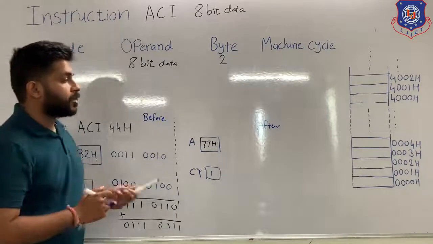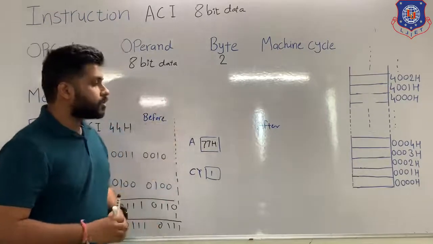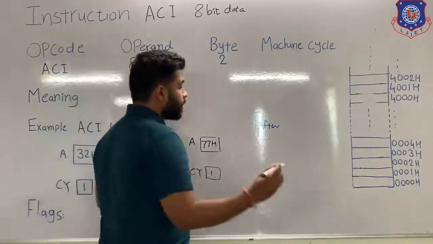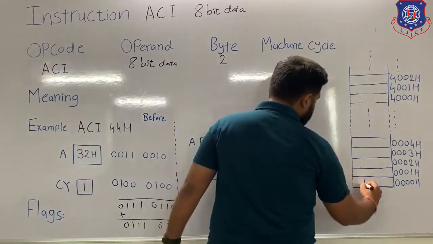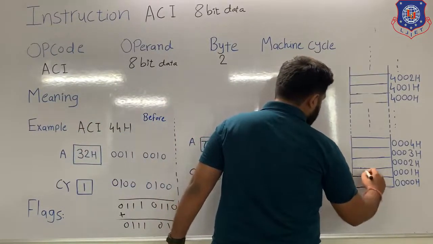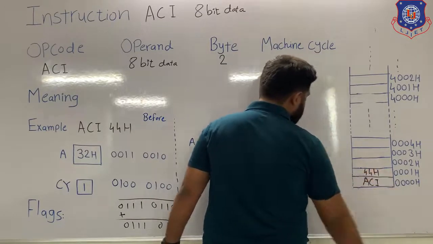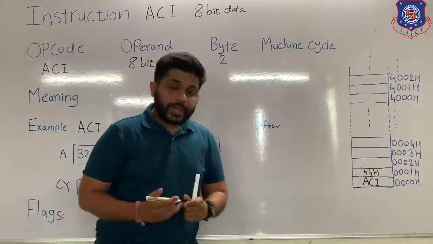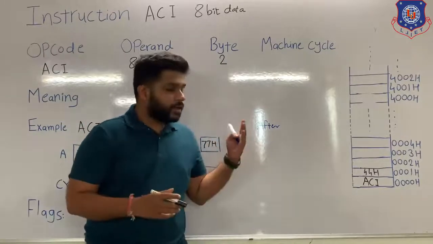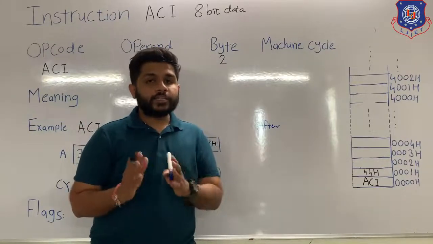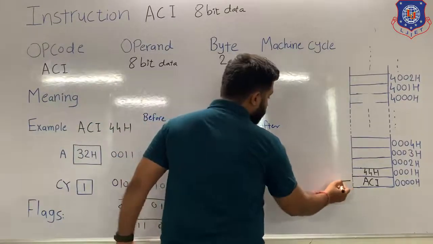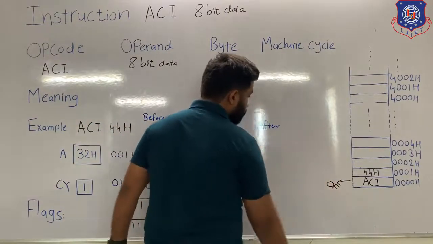Now let's see the machine cycle. Because this instruction is of 2 bytes, when this instruction is stored in the memory, it will occupy 2 memory locations. In the first, the opcode will be stored, and in the second location, the data will be stored. After the instruction is stored in the memory, the microprocessor will start doing its task, that is to fetch, decode and execute. To fetch the instruction, the processor will perform the first machine cycle, that is opcode fetch.